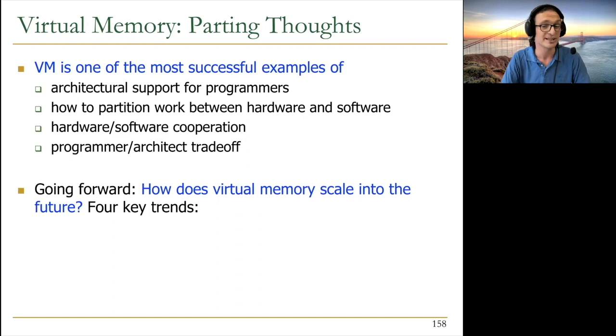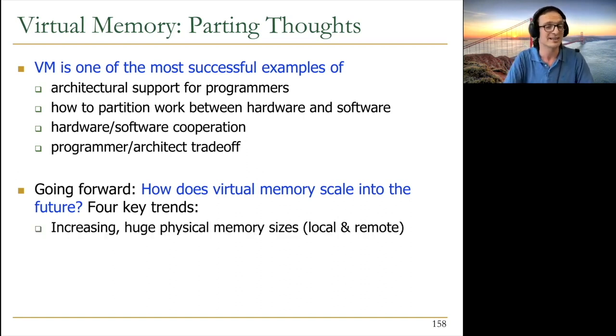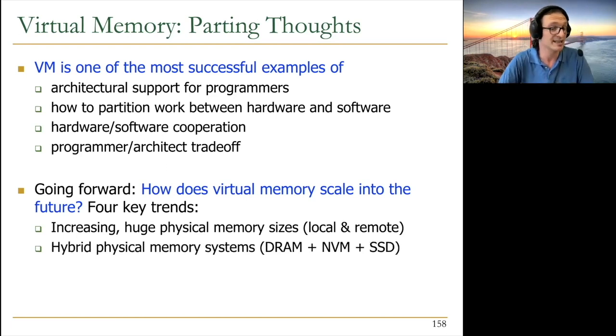But going forward, how does it scale into the future? It's not doing very well, in my opinion. And there are a lot of papers that are written on it. I'm going to show you some pictures of it also. But basically, we have increasingly huge physical memory sizes, both local and remote. And 256 terabytes is starting to sound small for our memory sizes, basically, because data is huge.